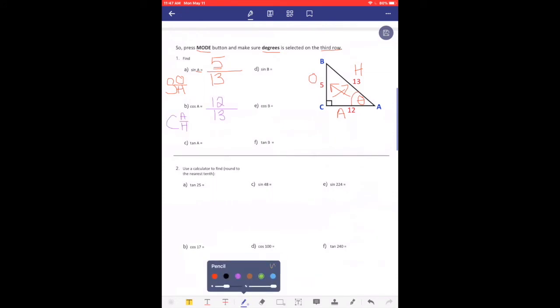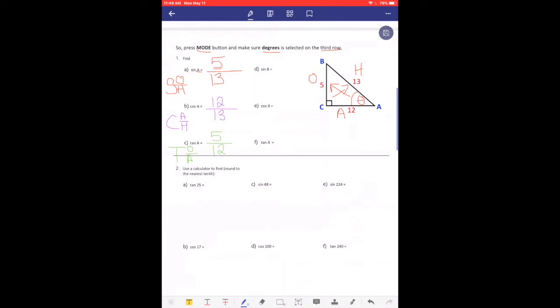And the last one, C, tangent of A is TOA for tangent, opposite over adjacent. So for this angle A, the opposite was 5, and the adjacent was 12.